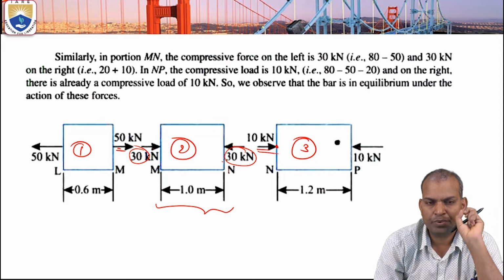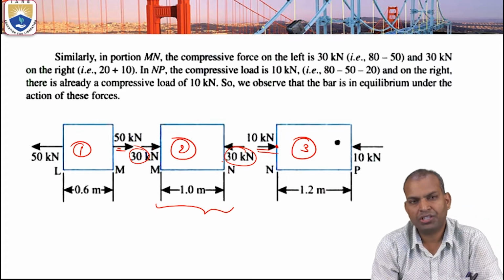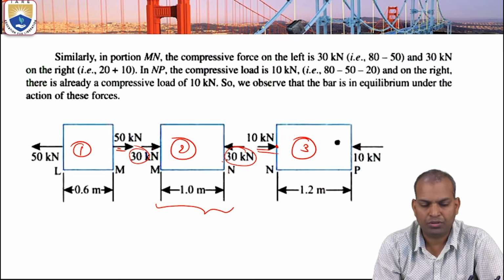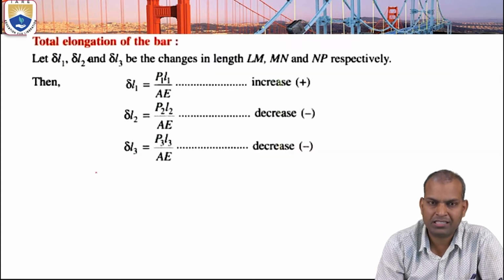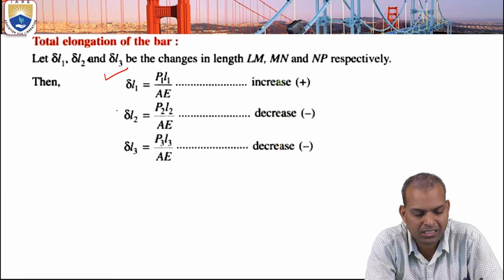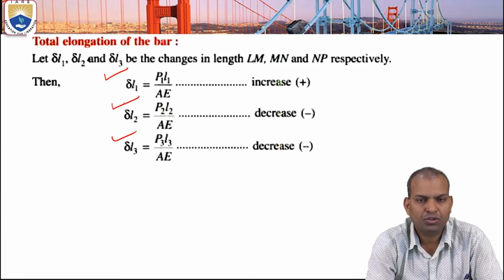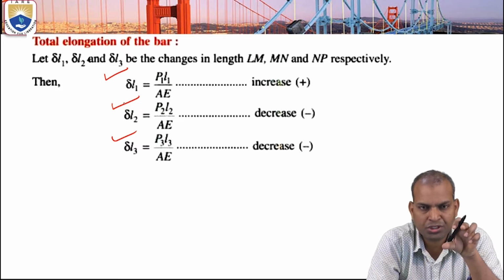Section 2 is under compressive load, so there is a decrease in length. Section 3 is under compressive load, so again there is a decrease. So delta L1 increases, delta L2 decreases, delta L3 decreases. The increased portion is considered positive, the decreased portion negative.